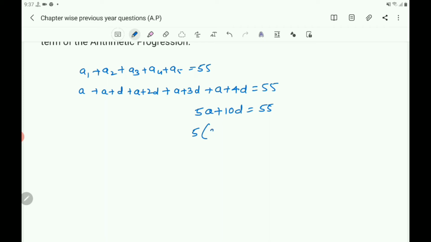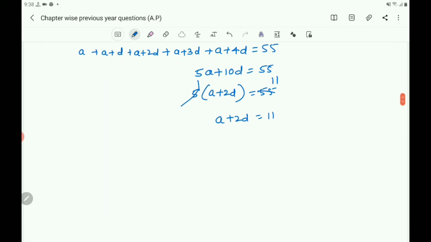In the bracket you are going to get A plus 2D, because 5 2s are 10, equals 55 divided by 5, that is 11. Then you will get A plus 2D equals 11. Then you transfer this 2D to the RHS, so A is equal to 11 minus 2D. Consider this as the first relation.